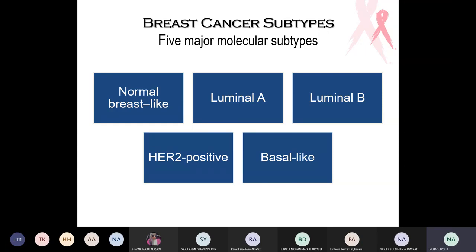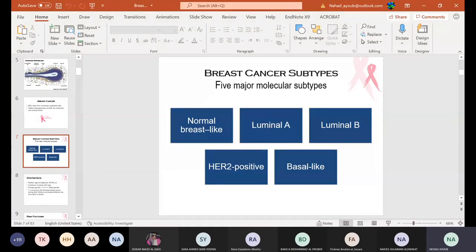Let me ask you: do you think the mammary epithelium normally expresses estrogen receptor? In the normal situation, do I expect a luminal epithelial cell to be positive, to express estrogen receptor or progesterone receptor or HER2, which is the human epidermal growth factor 2 receptor, a tyrosine kinase receptor?